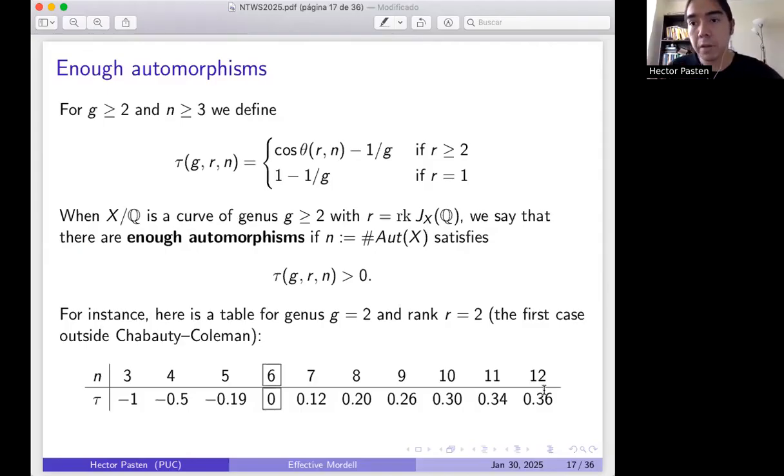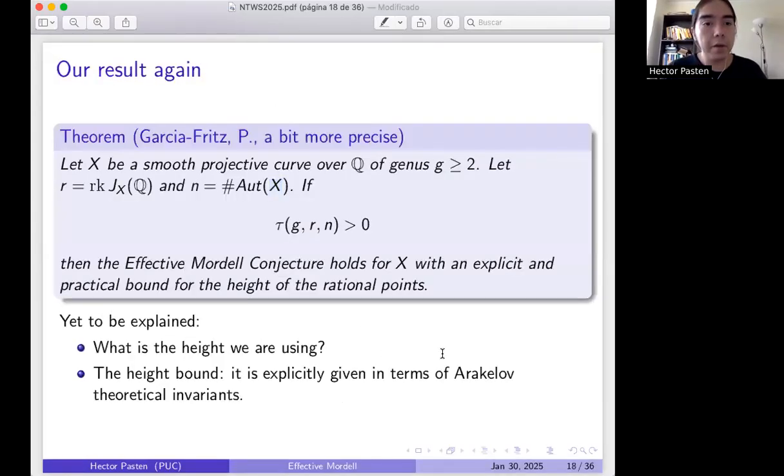But it's not necessarily the case that the rank will increase drastically when you have too many automorphisms. The example I mentioned of 12 automorphisms and rank 2 is for genus 2. It's not something too complicated. Okay. Yes, so thanks for the question. Yes, these automorphisms are of X, not X extended scalars to Q bar.